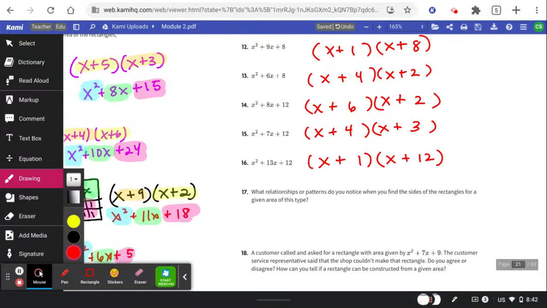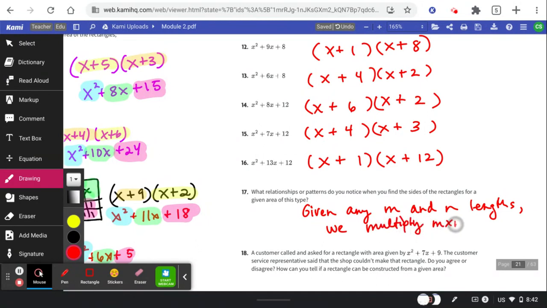What relationships or patterns do you notice to find the sides of the rectangles? So given any m and n lengths, we multiply m times n to get the end value and add m plus n to get the middle.